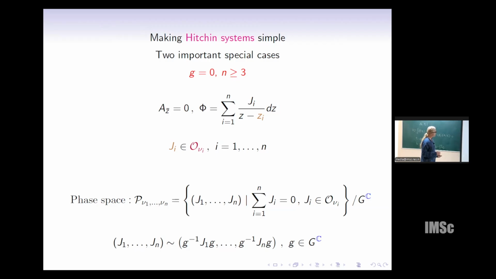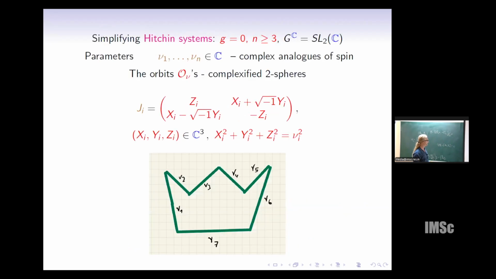So these are all complex coadjoint orbits, right? So the phase space is a symplectic quotient of the product of adjoint or coadjoint orbits by the diagonal action of the complexified group.